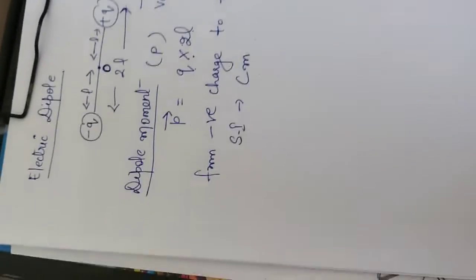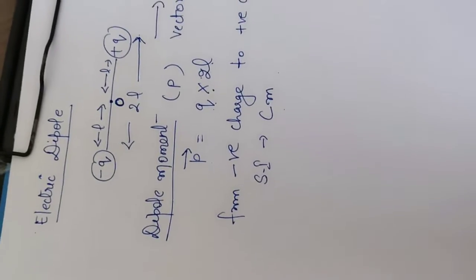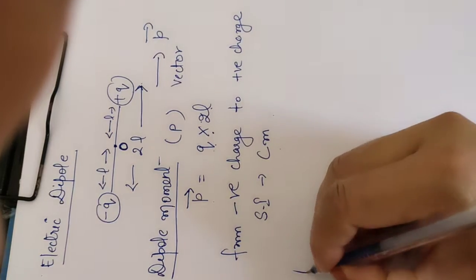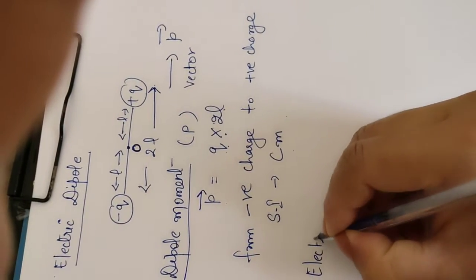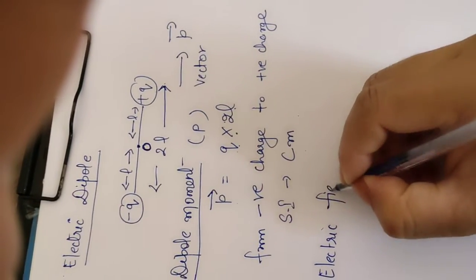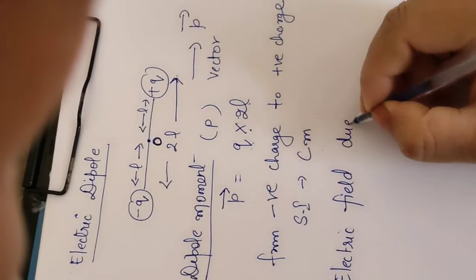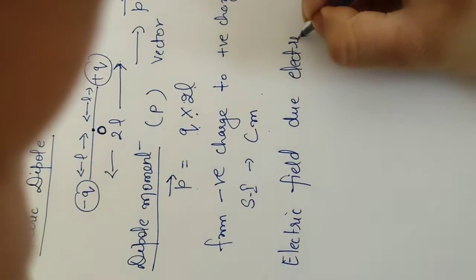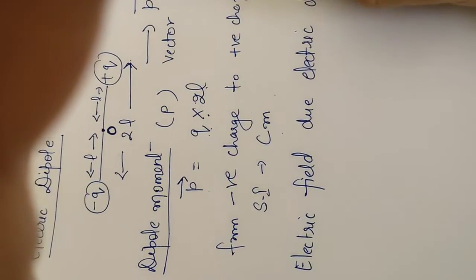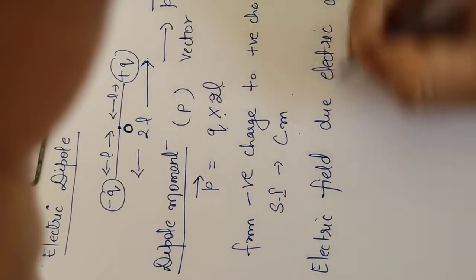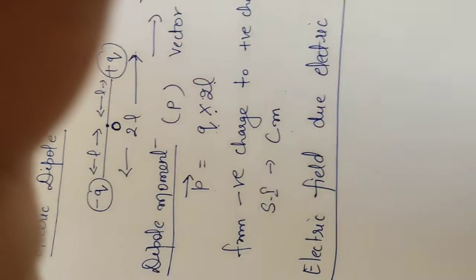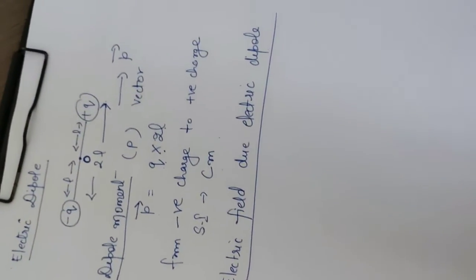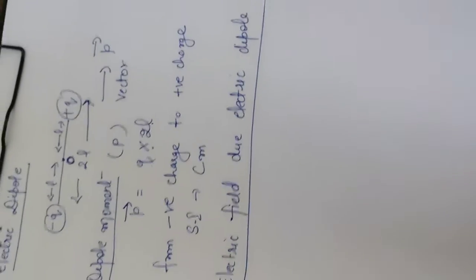Now a very important topic related to this electric dipole is how we can find electric field due to an electric dipole. When we talk about electric field due to an electric dipole, we have two cases.